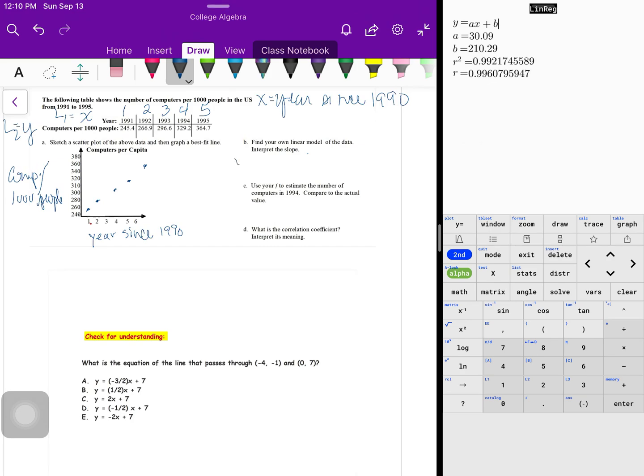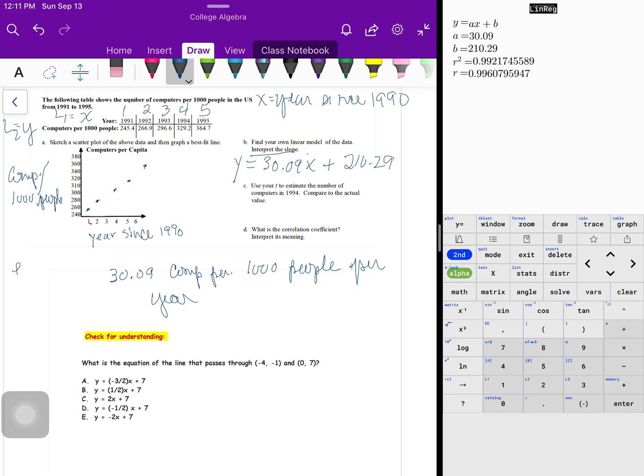Y equals AX plus B. So it is Y equals 30.09X plus 210.29. And then it says interpret the slope. Well, that slope means 30.09 computers per 1,000 people per year.